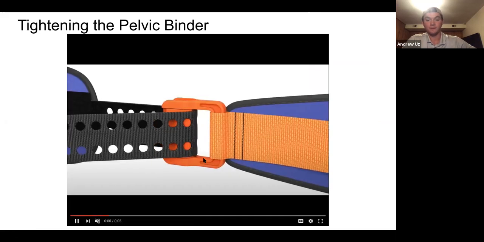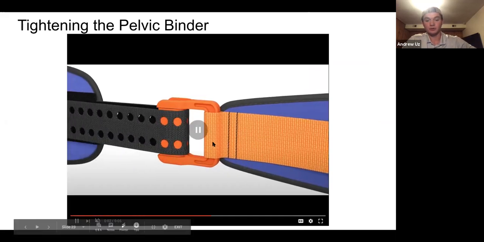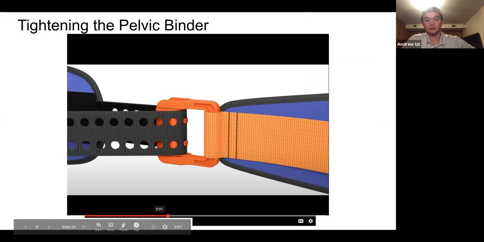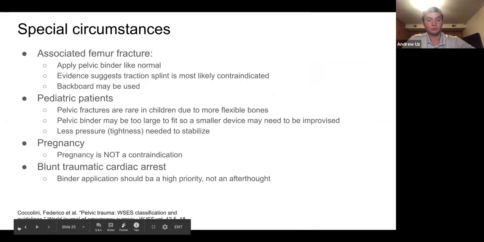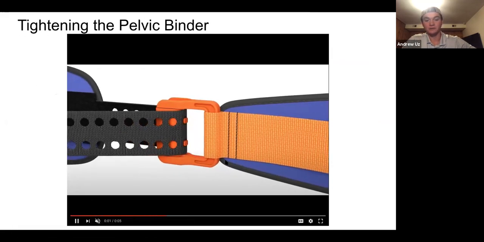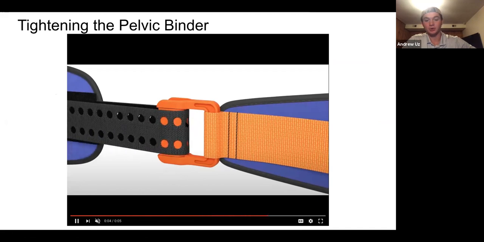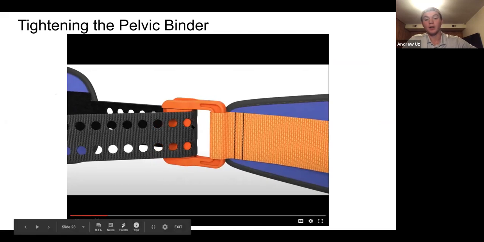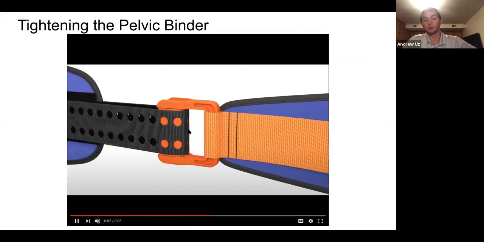The closer view of the mechanism here shows you that as soon as this strap gets tight enough, the strap will pop, and you'll actually hear it. It makes a click, and then two little nubs will come out here.